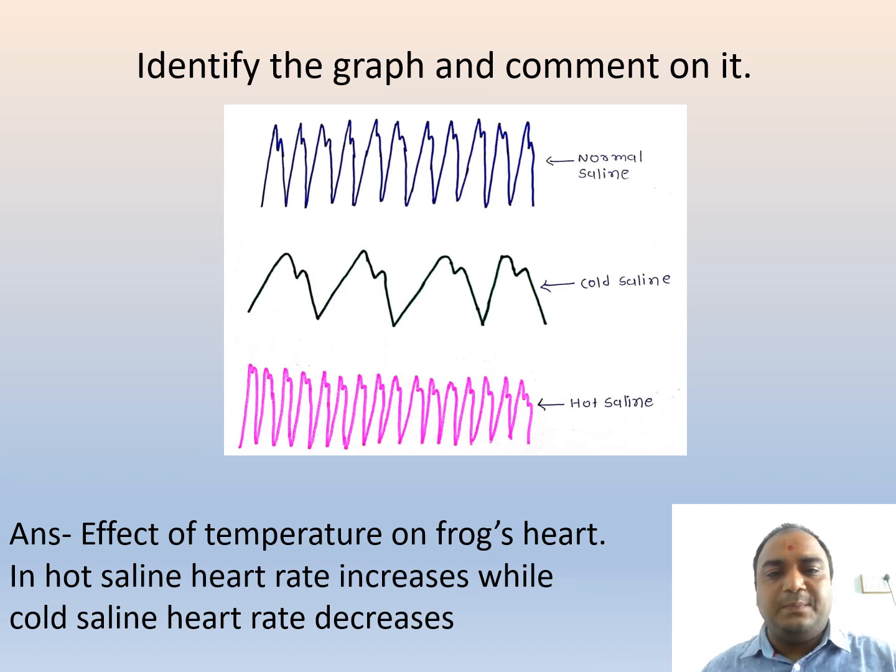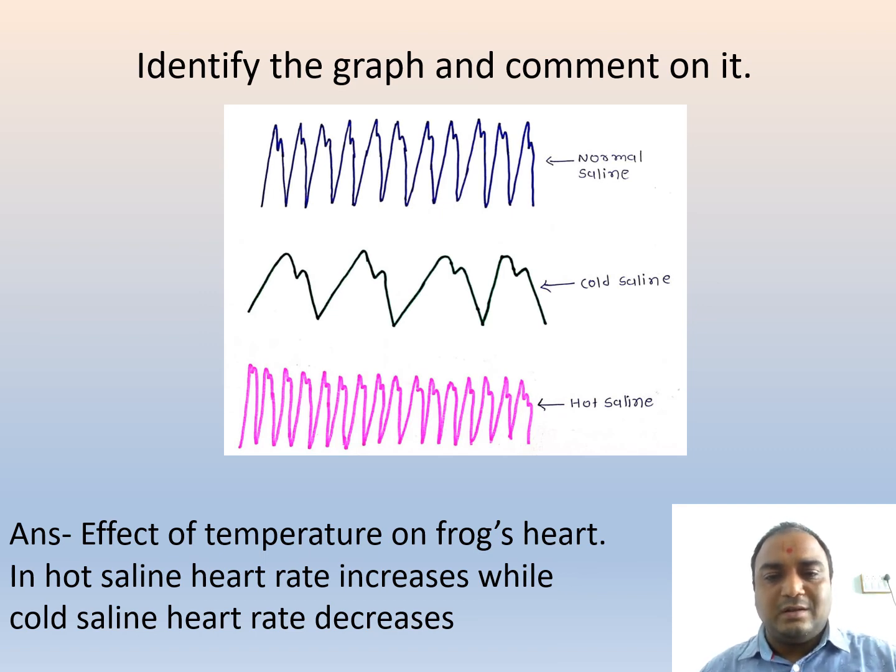Now identify the graphs and comment on it. You can see the normal cardiogram, but when exposed to cold saline, you can see a decrease in the rate, as well as an increase in the rate when exposed to hot saline.